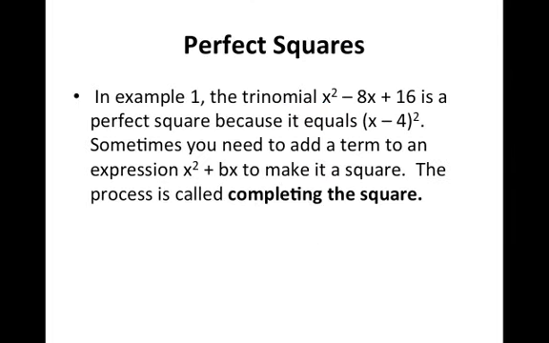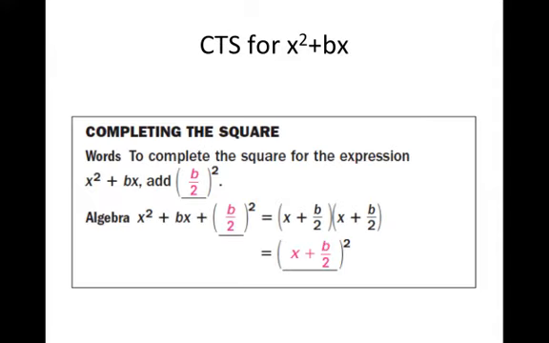In example 1, the trinomial x squared minus 8x plus 16 is a perfect square because it equals x minus 4 quantity squared. Sometimes you need to add a term to an expression x squared plus bx to make it a perfect square. The process is called completing the square, and if we complete the square, we can actually solve any quadratic by taking the square root of both sides.